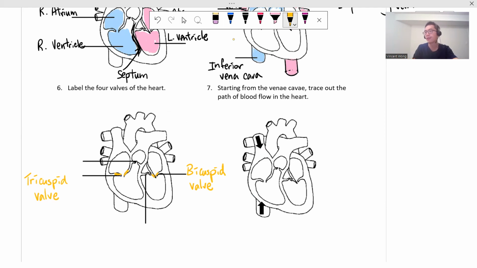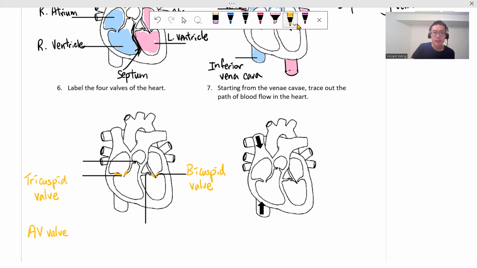They belong to the same group. They open and close together. And the name that we use for both of them is the AV valve, which is atrioventricular valve.